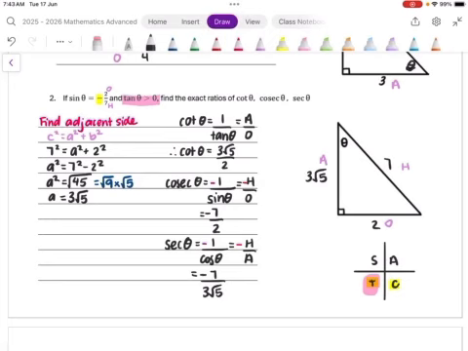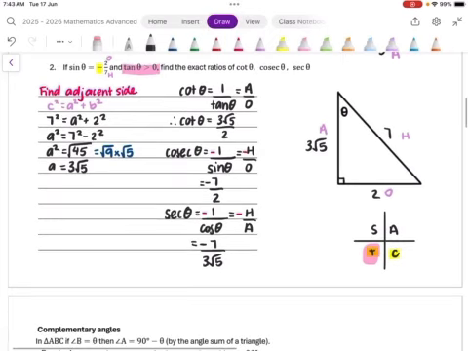Now, if we could simplify any of these, we would. We can actually rationalize the denominator of this last one by multiplying the numerator and the denominator by root 5 to get our answer of negative 7 root 5 all over 3 times 5, which is 15. Okay, moving on.